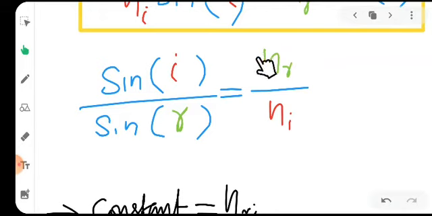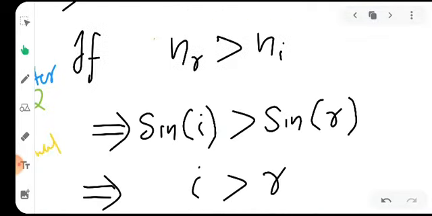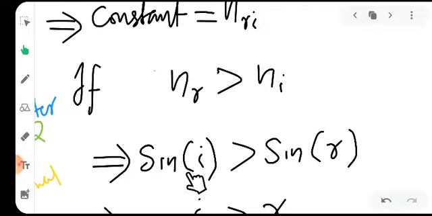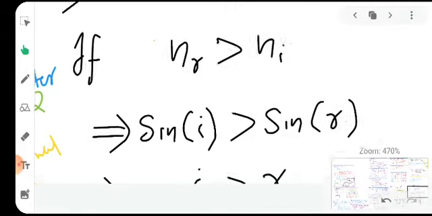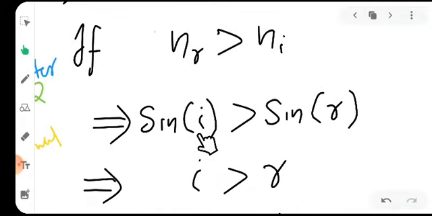If on the right hand side the numerator is larger than the denominator, mathematically this must imply that the numerator on the left hand side, which is sin I, should be greater than the denominator sin R. And there is this peculiarity of sine functions, that if the sine of an angle is greater than the sine of some other angle, then the angles themselves are related in the same manner, which means if sin I is greater than sin R, it only implies that I must be greater than R. So when does I greater than R happen?